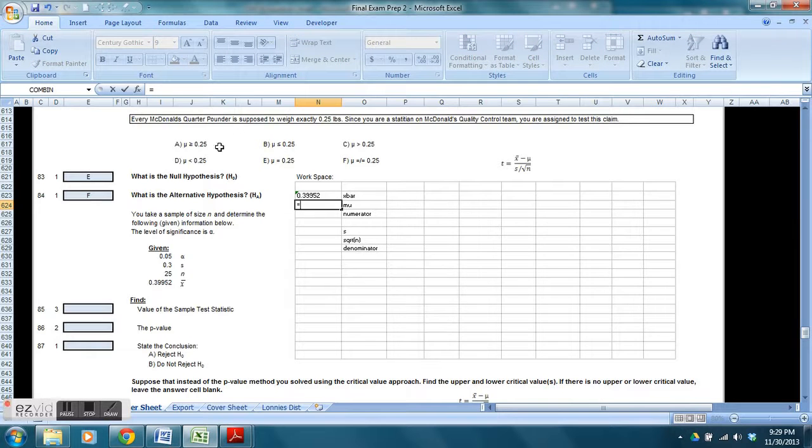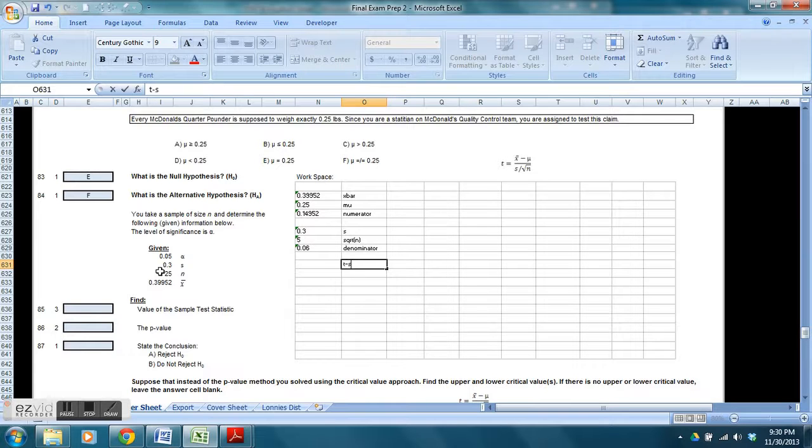Mu is the mu from our null hypothesis, or that threshold value, which is 0.25 in this case. So now we can determine our numerator, which is simply the difference, as you can see in the equation. And we have s, which is given to us, and the square root of n, which we know to be 5, but we'll put it into the equation. And now we have the denominator, which is simply s divided by the square root of n.